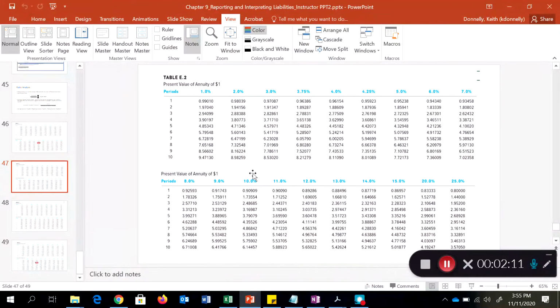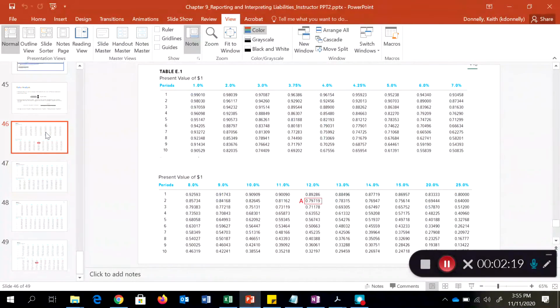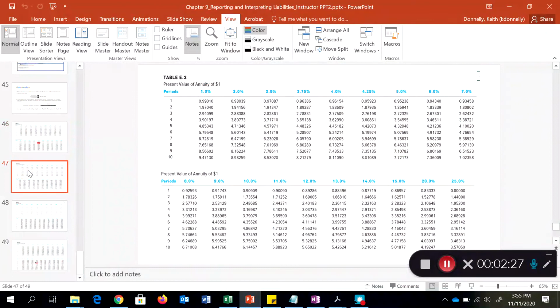So in this case, N is 5. Let's find it here.